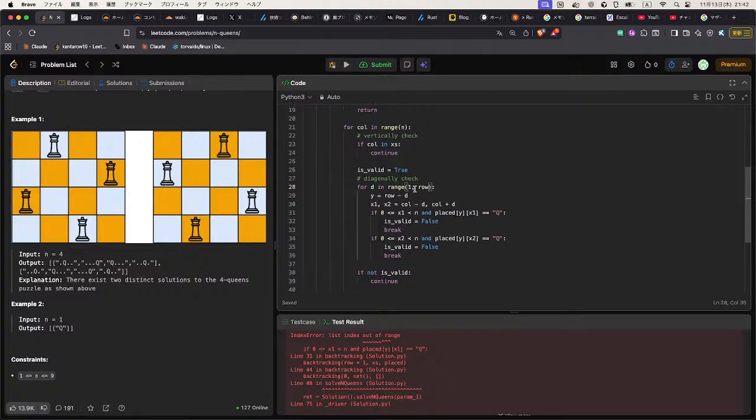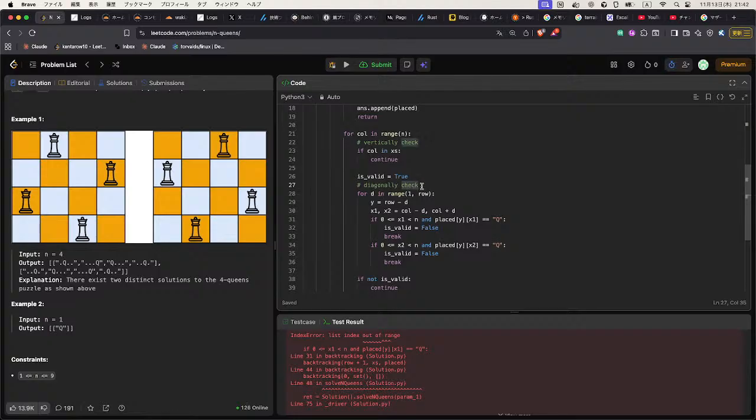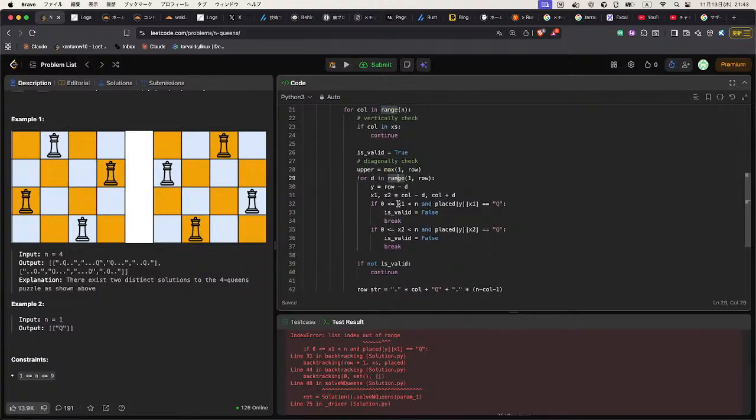If row is 0, upper, no max row, right? If row is 0, the upper should be 1, right?